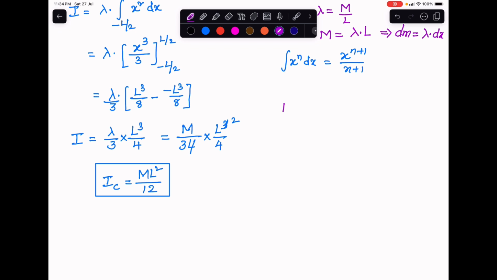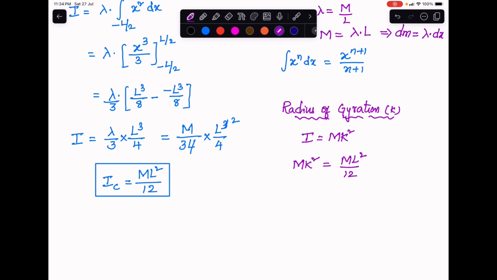The radius of gyration is denoted by k and is given as I is equal to M k square. For this problem, M k square is equal to M L square by 12. On simplifying, I get k is equal to L by root 12.